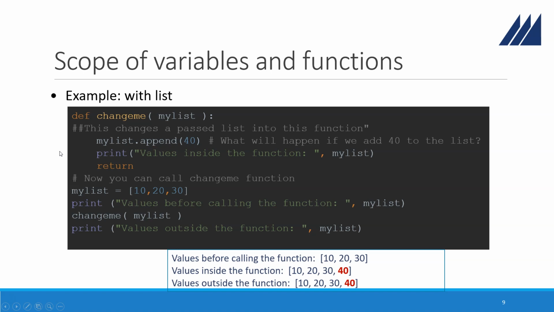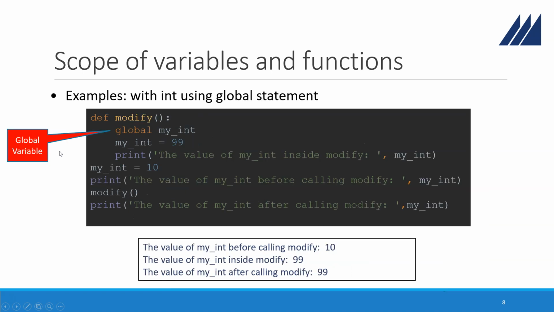In the previous example, it was an integer and we had to use the global to change it permanently. So this is what we mean by the scope of the variables and the function. It's going to be either global or local. Global is accessible everywhere. Local is accessible only inside the function. And I hope this is clear.